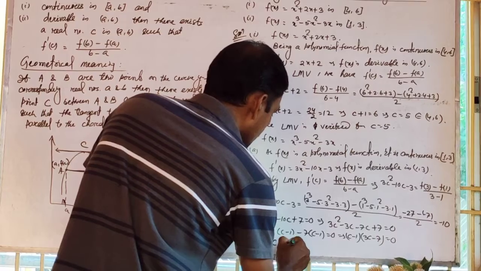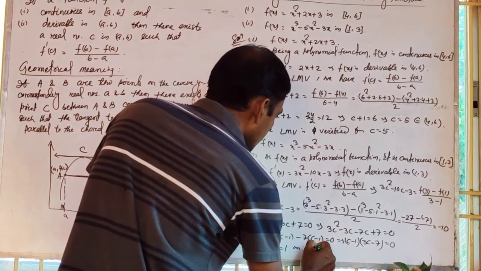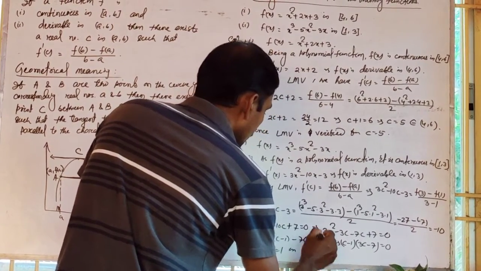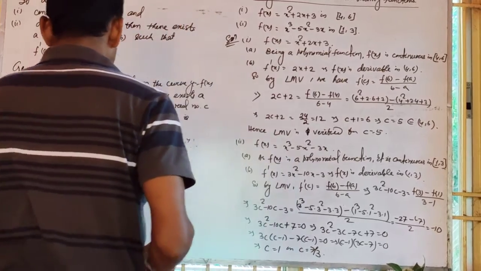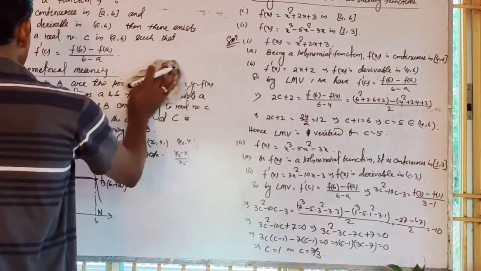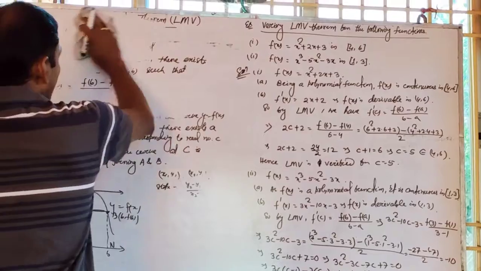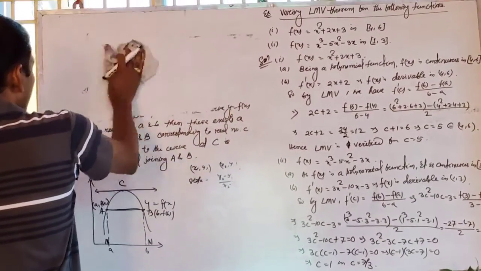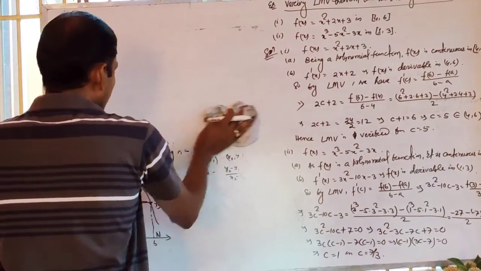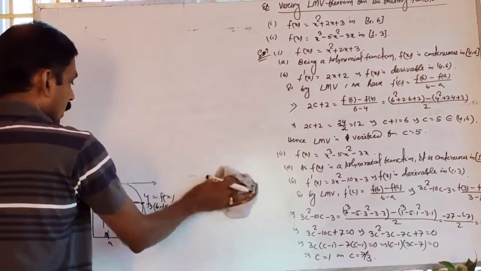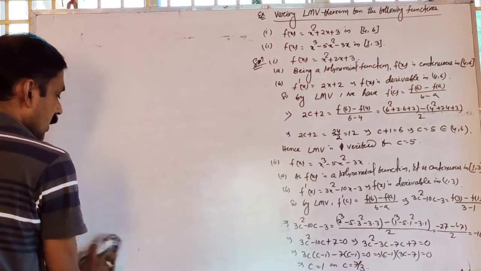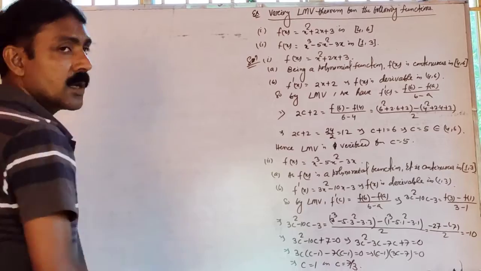It implies either c equal to 1 or c equal to 7 by 3. Now which value will be applicable? Here our interval is between 1 to 3, and what type of interval? Open interval, means 1 is not included.